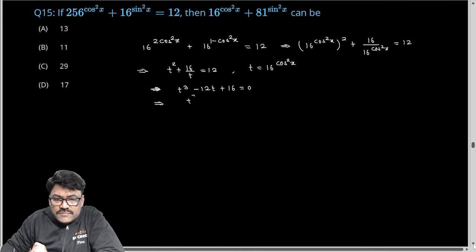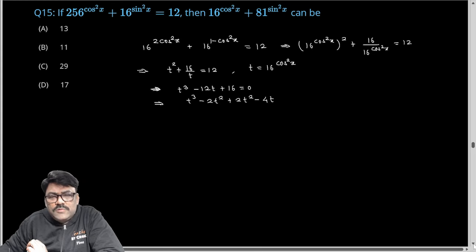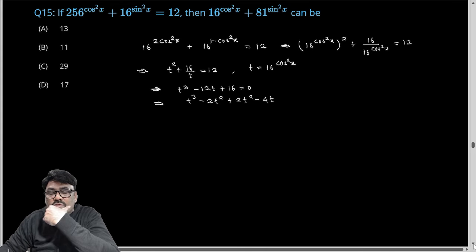So I can write it as t cube. Since t minus 2 is a factor, so it is t cube minus 2t square, then plus 2t square, then minus 4t, and then minus 8t plus 16.